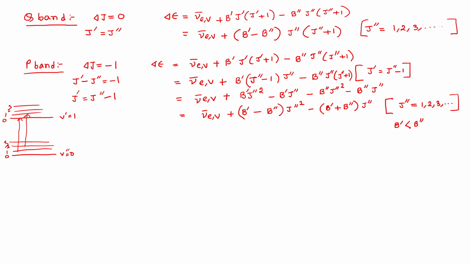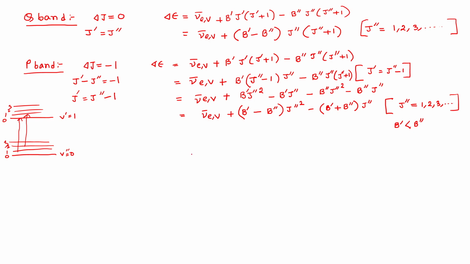And this negative value is also going to be negative. So negative and negative, and this is some positive. So your P band is going to come at lower energy, a lower energy portion than your band origin.